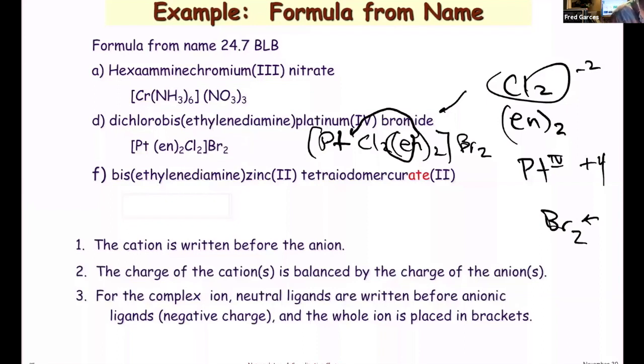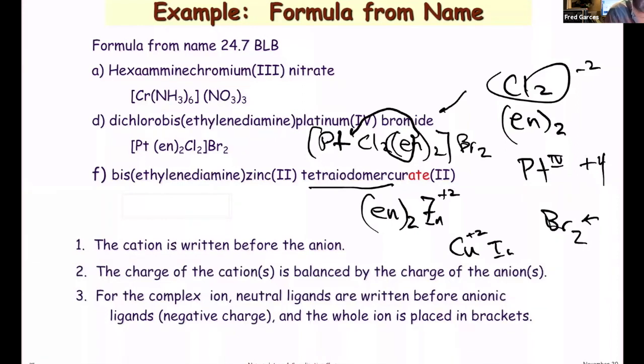This is ethylenediamine zinc. There are two ethylenediamines here, and then you have a zinc, and the zinc is plus two. Then your counter ion is copper, and it's a copper 2, and you've got 4 iodines. To write this formula, you would write the cation first.